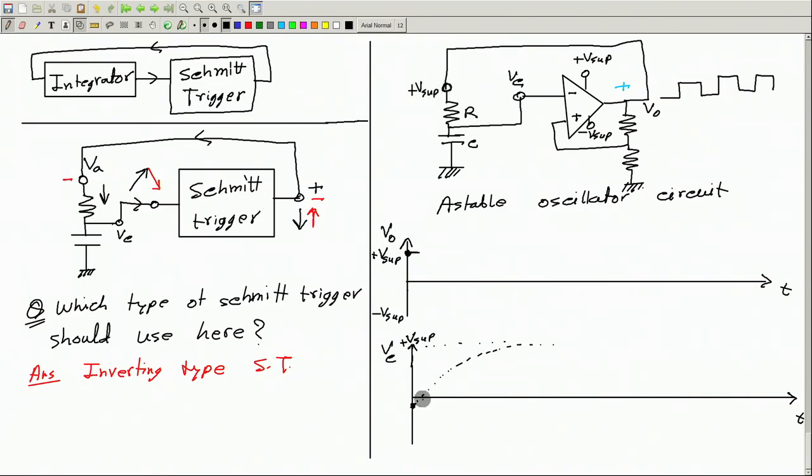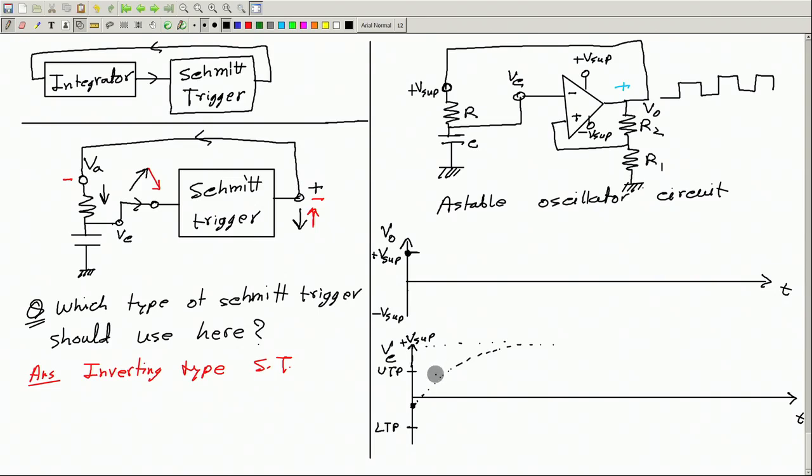Okay. But will it reach there? Maybe not, and in fact not, because let me mark two important voltages here, which are the upper trigger point and the lower trigger point of this Schmitt trigger. Okay. And let me call this R2 and R1. So, we can calculate what is the upper trigger point and what is the lower trigger point.